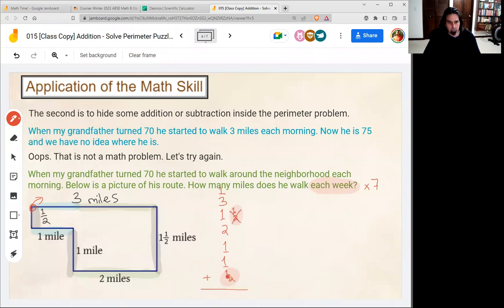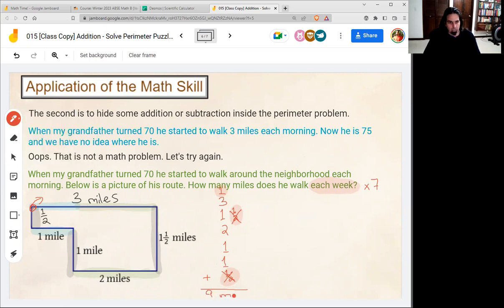So get rid of them. They are now this one right here. Everyone okay with that switch? Then I can just count 1, 2, 3, 4, 5, 6, 7, 8, 9, so 9 miles total.